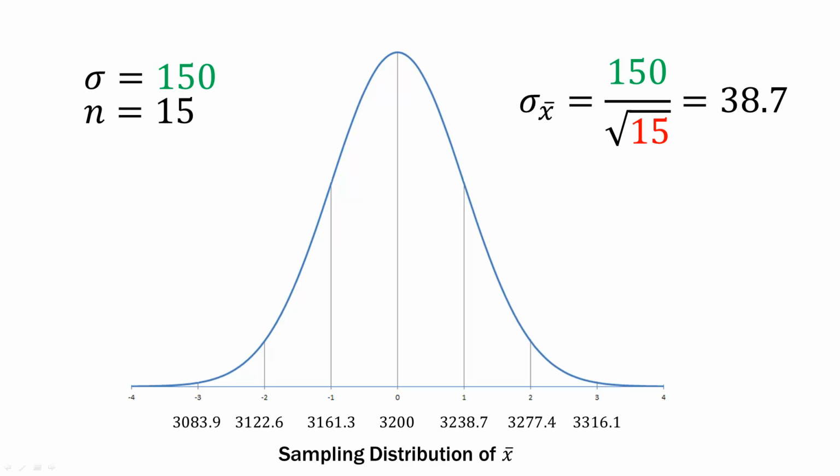So you can see that one deviation above the mean, that's 3,200 plus 38.7, so that's 3,238.7. And then we add 38.7 to that to get two standard deviations above. We add 38.7 above that to get 3 above. And then we do the same thing for the left side, except we're subtracting. So again, since the standard error of the mean is a standard deviation, we can treat it just like any other standard deviation to get our values down there on the x-axis.